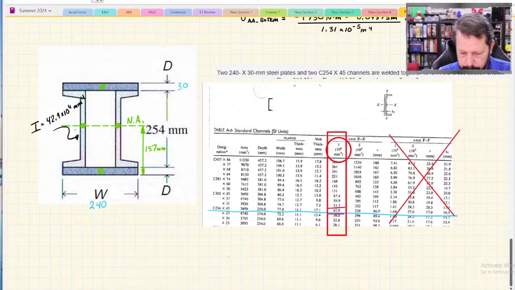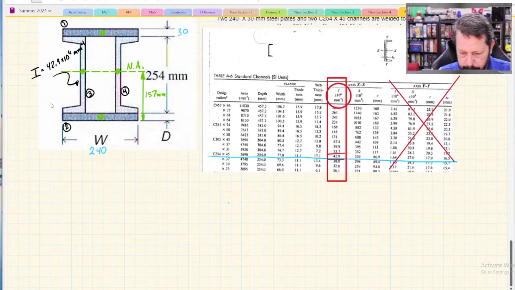All right, so let's see if we can get the centroid, not the neutral axis, for our combined super I-beam shape. I'm going to say this is part 1, this is part 2, 3, and 4, just so we can keep track if we're labeling equations.